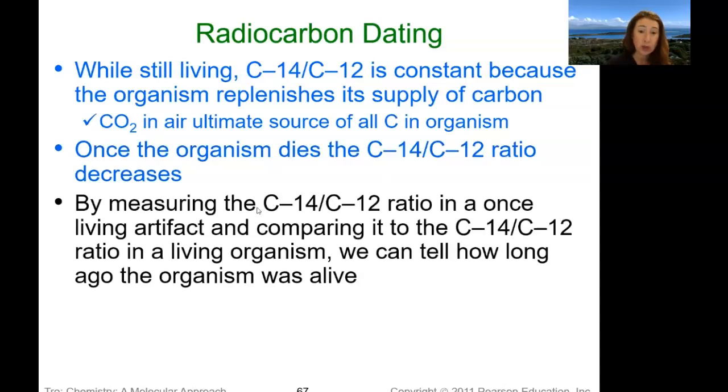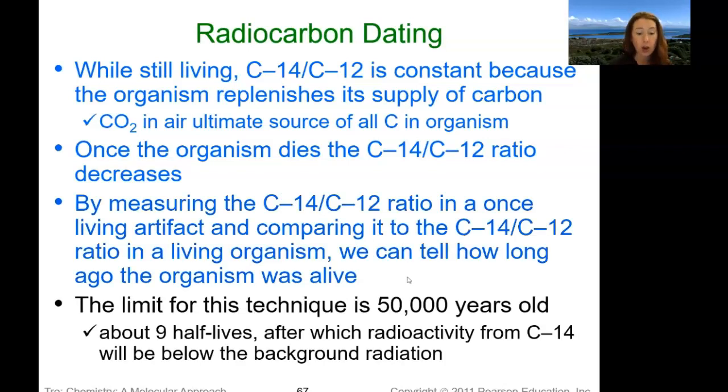What they do in carbon dating is measure the decrease in that ratio. They can tell how long ago an organism was alive. And 50,000 years is kind of the max, because after that many half-lives, the amount left is so little. All you can say is older than 50,000.